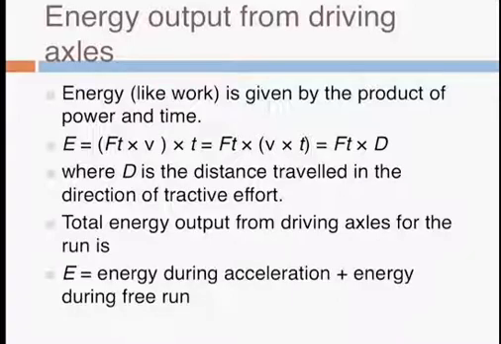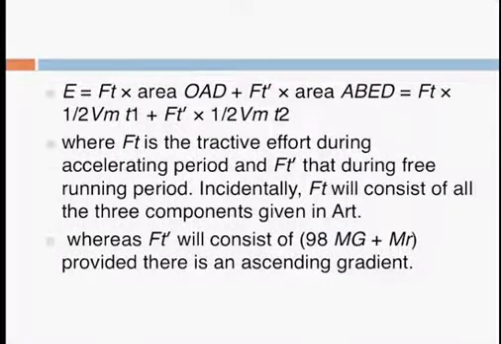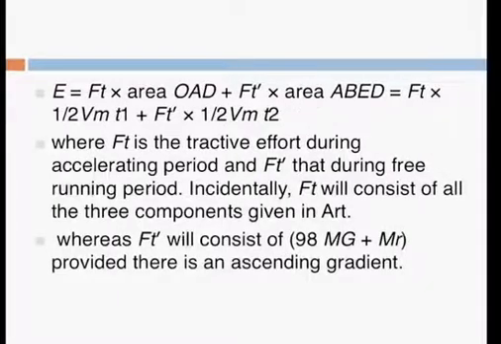So the final equation will be E equals half FT VM divided by 3600 into T1 by 3600 plus FT dash VM divided by 3600 into T2 by 3600 kilowatt hour. Here FT is the tractive effort during acceleration period, while F dash T is the tractive effort during free running period. So this is how the energy is calculated.